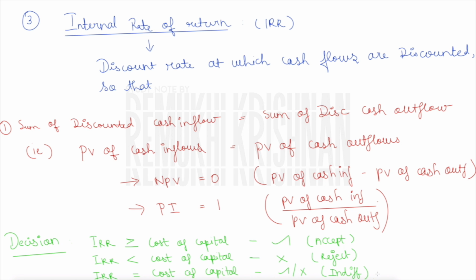If you remember, in net present value, we reinvest the cash flows at the rate of cost of capital. Whereas under internal rate of return, we reinvest the cash inflows at the rate of IRR. So whenever IRR is greater than cost of capital, it will result in more return than the previous one. So that is why we are going with this IRR. Okay, let us move further.